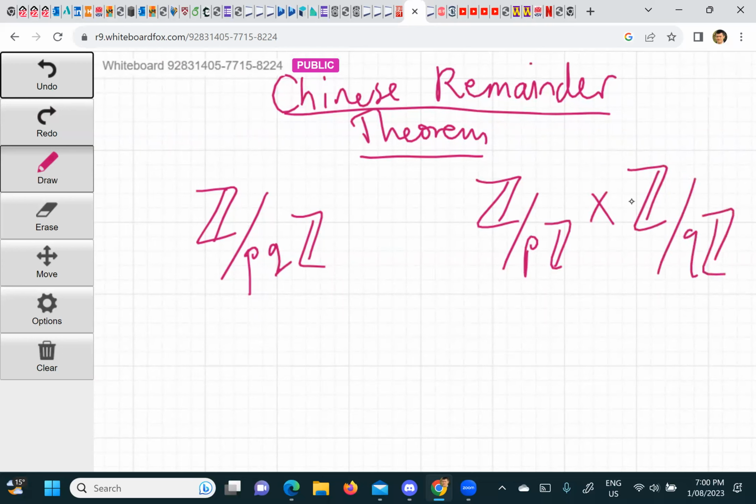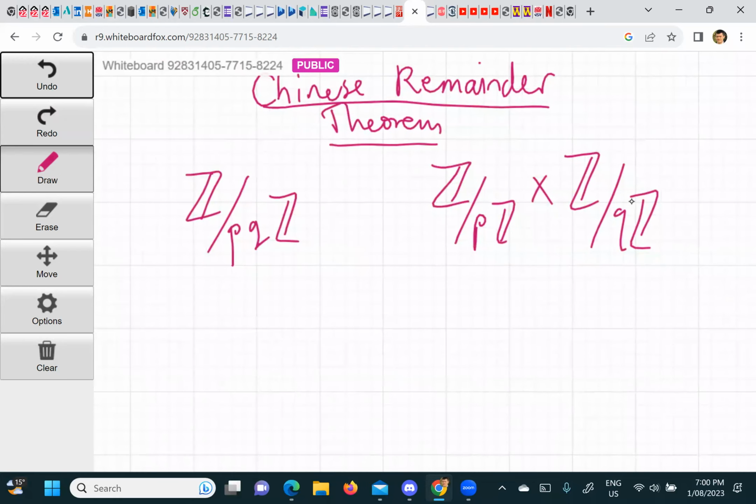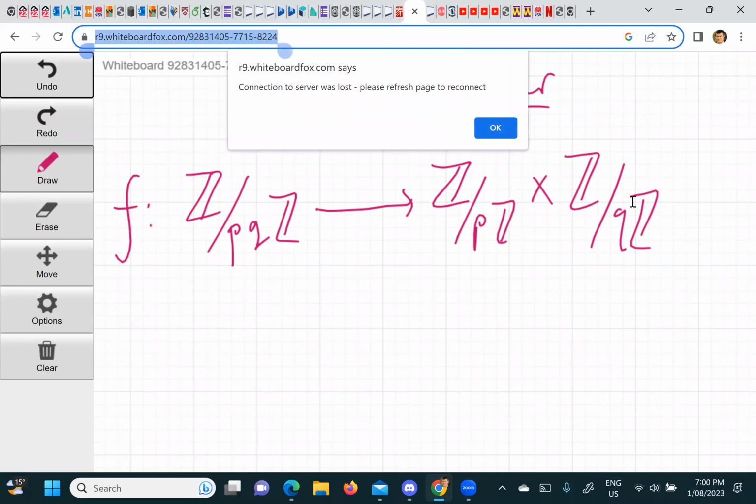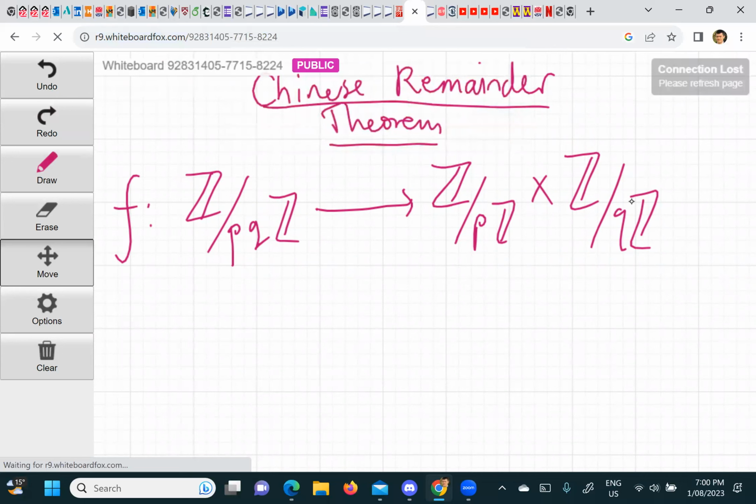There's a function that takes the first set to the second, defined as follows: if you have an integer x mod pq, you take that number mod p, and then mod q, and make that pair.